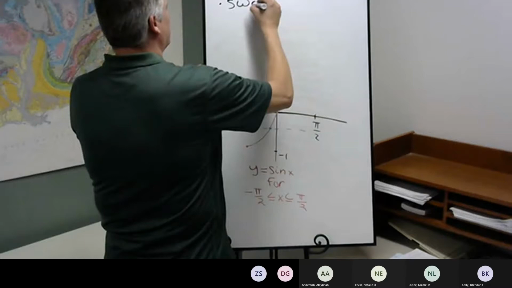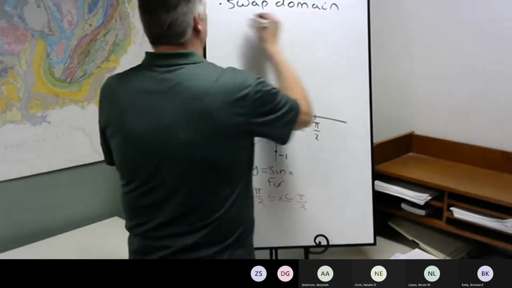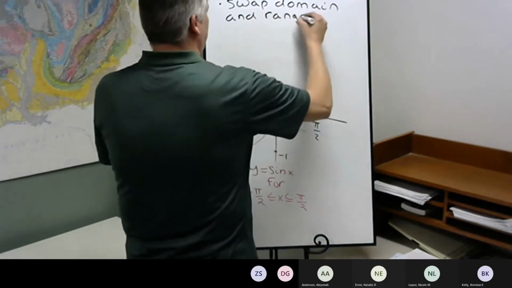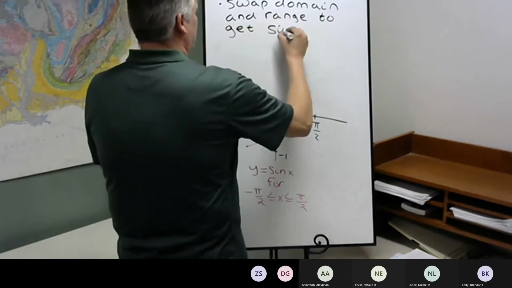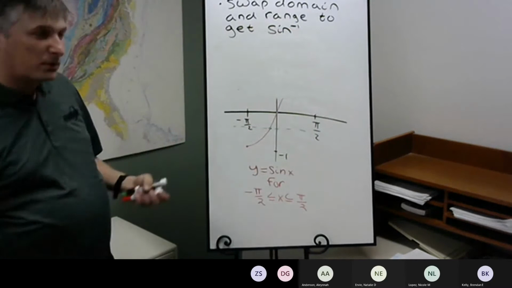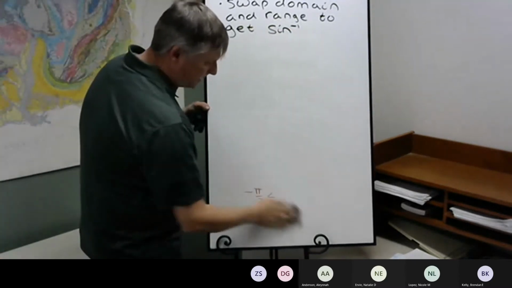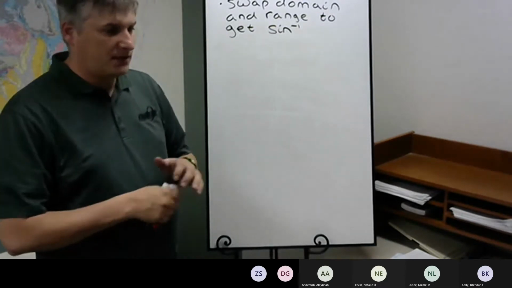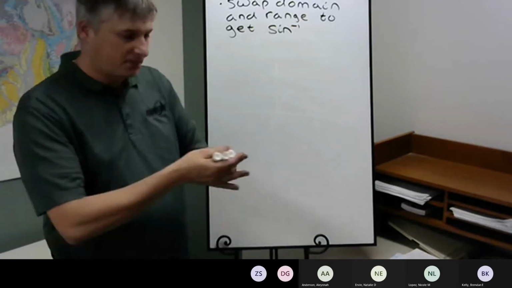We'll swap domain and range to get the sine inverse. That's one of the things we do with inverse functions. They take the numbers of the domain and turn them into the range for the inverse, and the numbers of the range for the function become the numbers of the domain for the inverse.